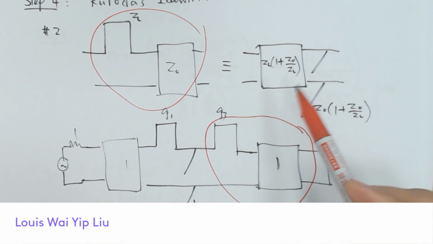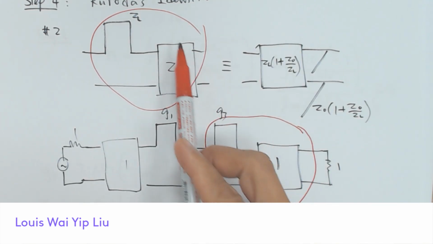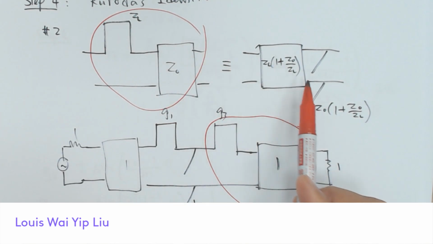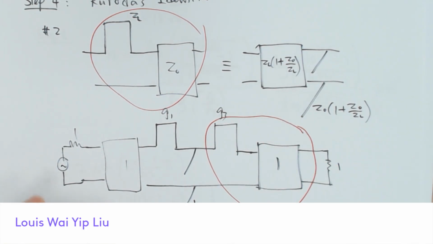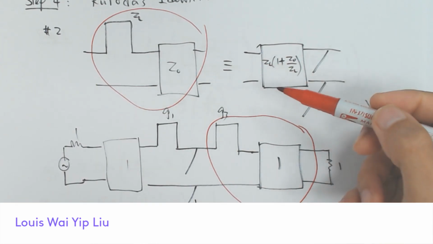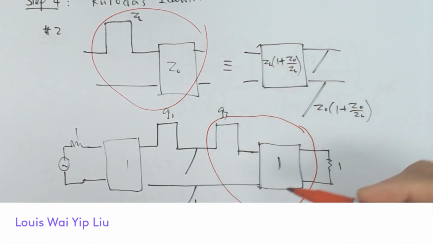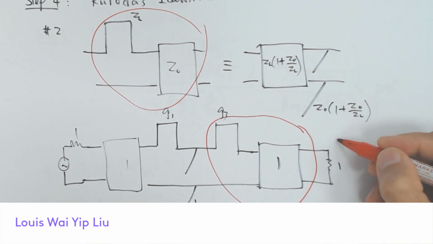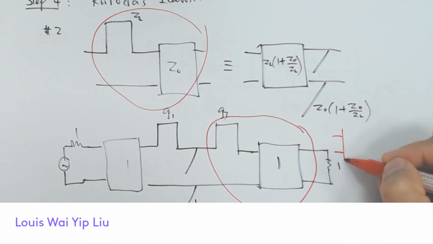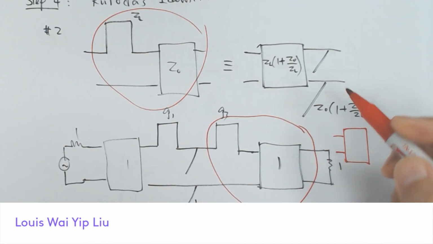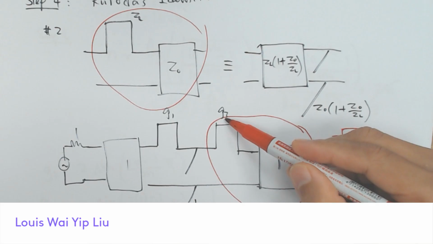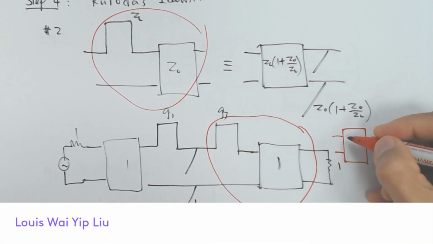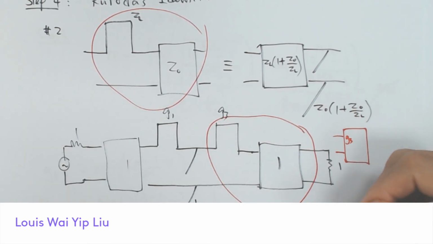And what we are going to do is to take advantage of the Kuroda identities and convert this one into this one. So this one will be equal to Z L, which is G3. So G3.